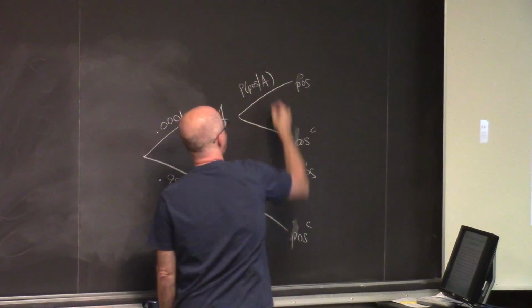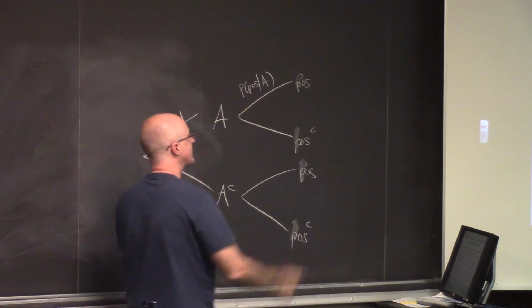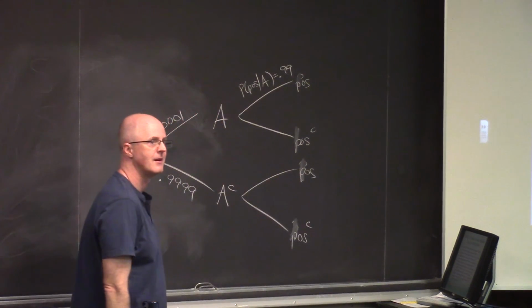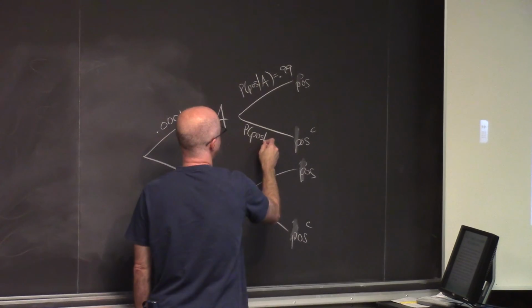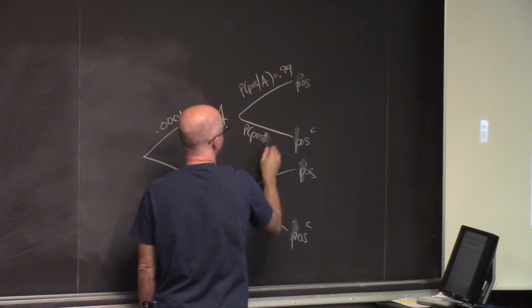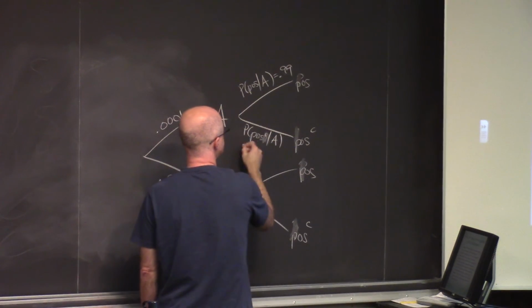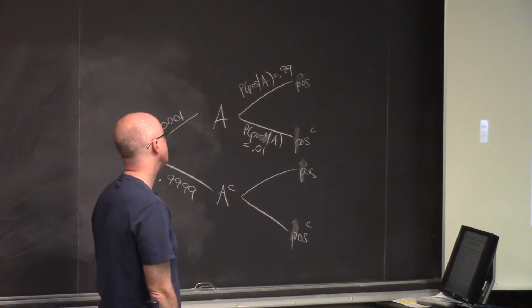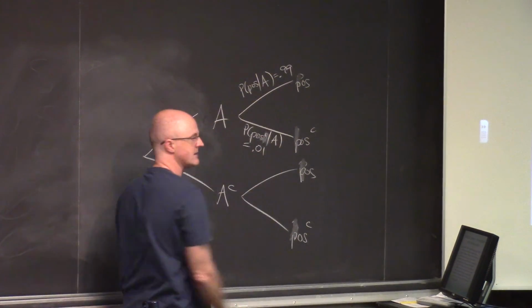For those who are known to have disease A, what is the chance the test comes back positive correctly? That's the 99%, 0.99. What's the chance that the test comes back incorrect? Negative, pos complement. If they are known to have disease A, it's a small chance, 0.01. If it's a 99% chance that it correctly comes back positive, it's a 1% chance that it incorrectly comes back negative.